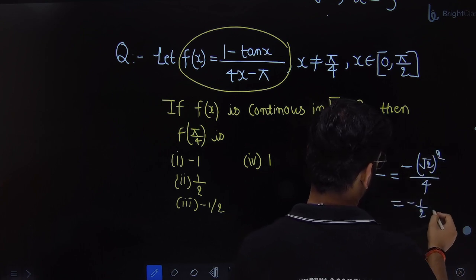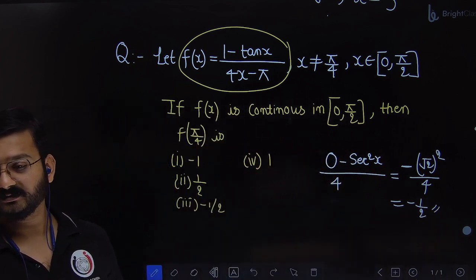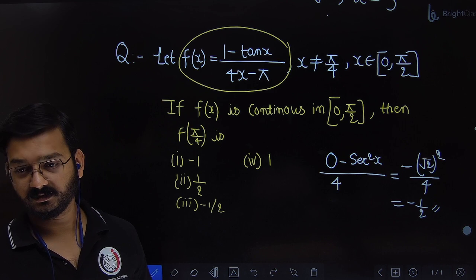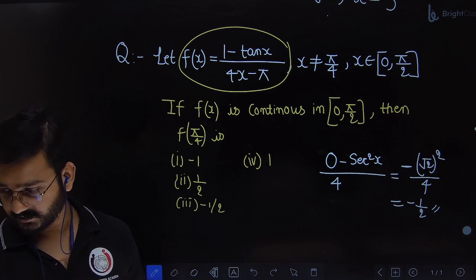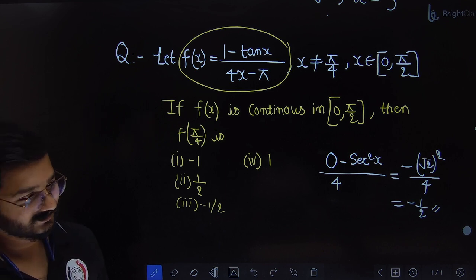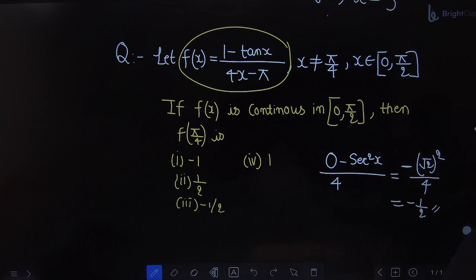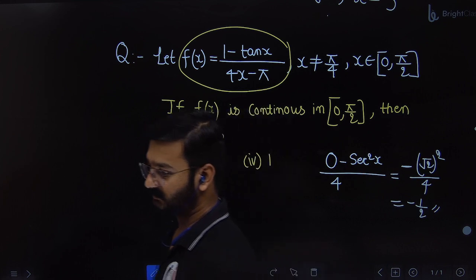Minus 1 by 2 is the answer. You missed a minus somewhere, Aditya. It is -1 by 2. Right? See the power of L'Hopital. So L'Hopital, you can use in your MCQs. Any questions?